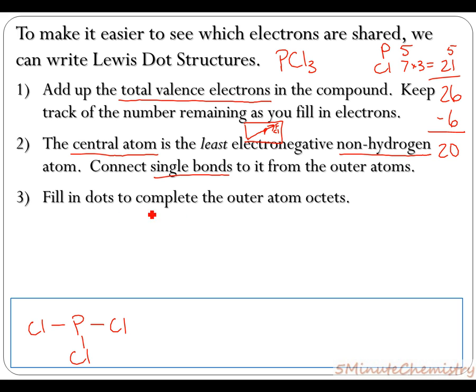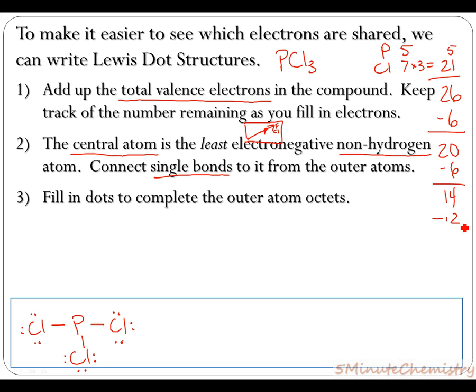Now we want to fill in dots to complete the outer atom octets. Currently this chlorine has only 2 electrons, so it needs 6 more to have its full octet. So I'll place those 1, 2, 3, 4, 5, and 6. I'll subtract those out, and I still have 14 remaining. I'm going to have enough to fill both of these, so let's just do them all. 1, 2, 3, 4, 5, 6, 7, 8, 9, 10, 11, 12.